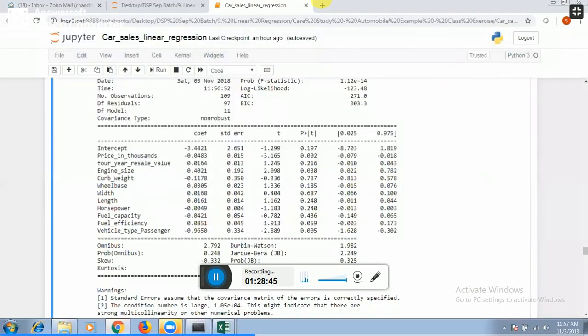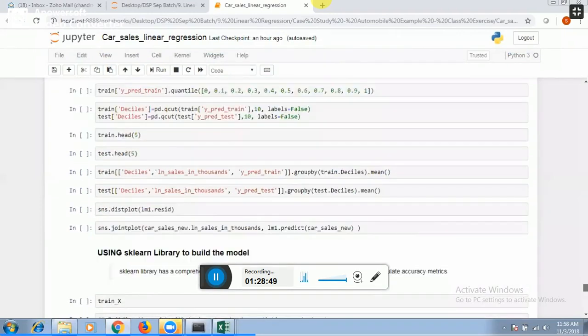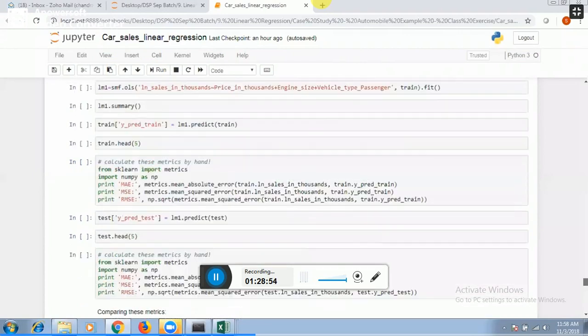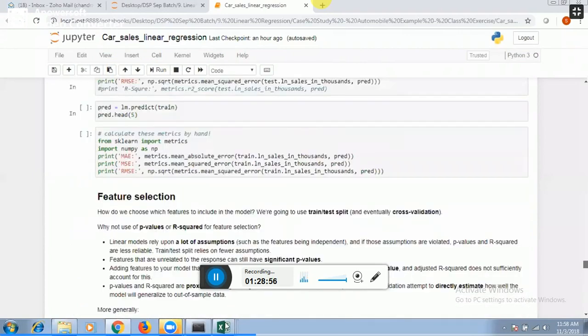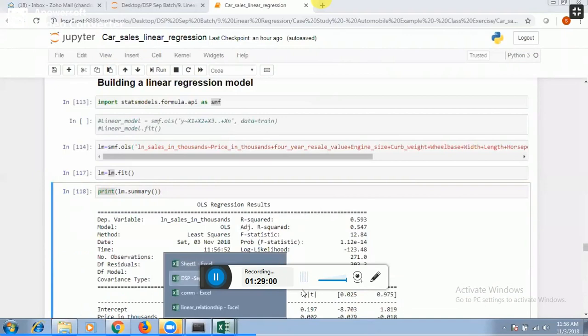So the first thing, if you look at the output, is what should the output of my model be? Whenever I'm looking at the model output, what am I expecting?